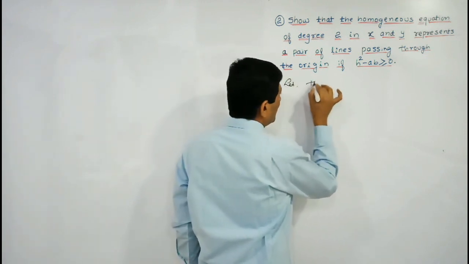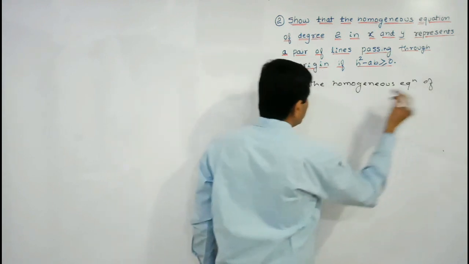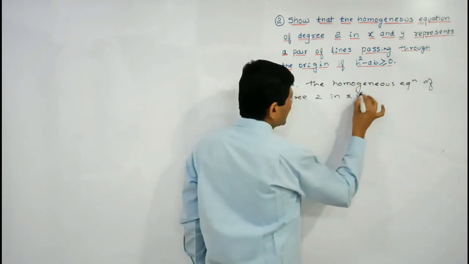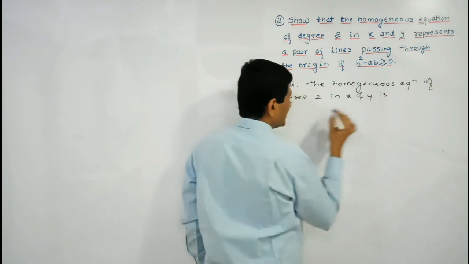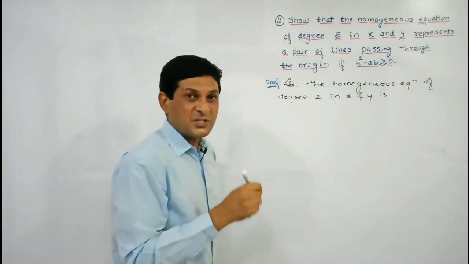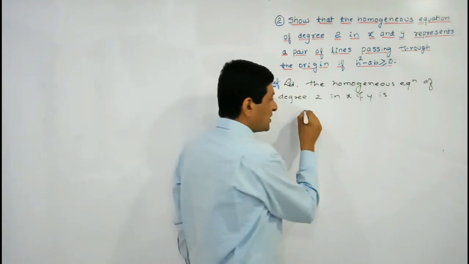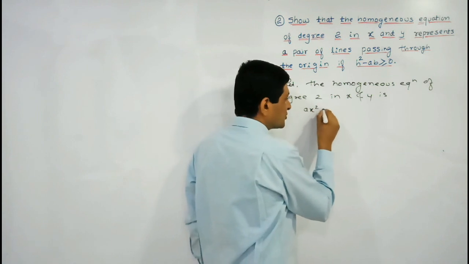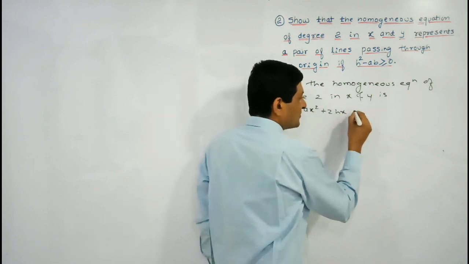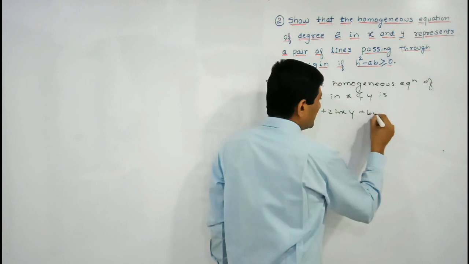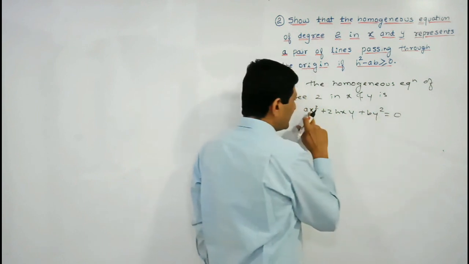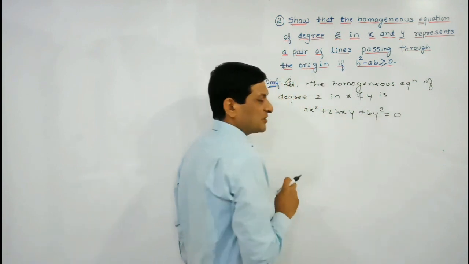Let the homogeneous equation of degree 2 in x and y be, we know that homogeneous equation in standard form can be written as ax square plus 2hxy plus by square is equal to 0, where a, h and b are nothing but constants.